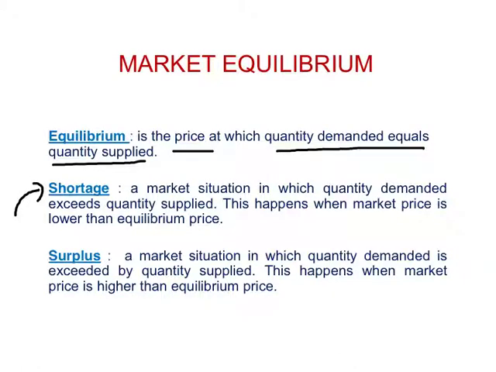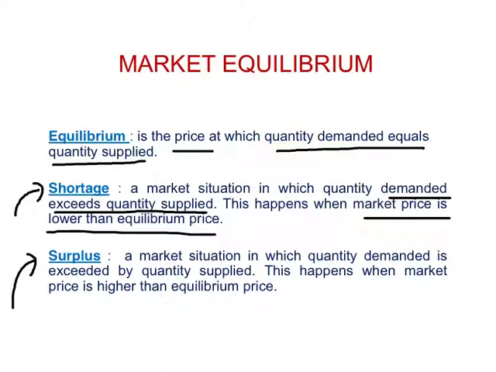It's a situation in which demand is greater than supply, and this happens when the market price is lower than the equilibrium price. Another term you should know is surplus, a situation in which supply exceeds demand, and this usually happens when price is higher than equilibrium price.